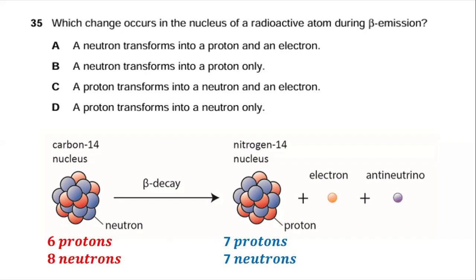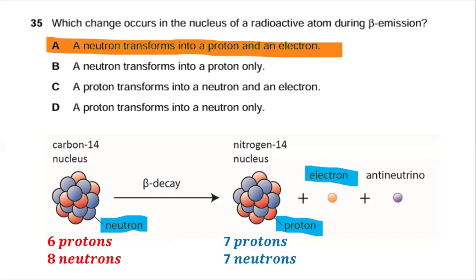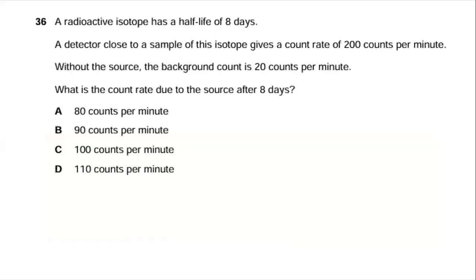That means there is one more proton in nitrogen-14 nucleus. So that means a neutron in the carbon-14 nucleus has changed into a proton in nitrogen-14 nucleus and an electron. So we can see a neutron transforms into a proton and an electron. So answer is A.